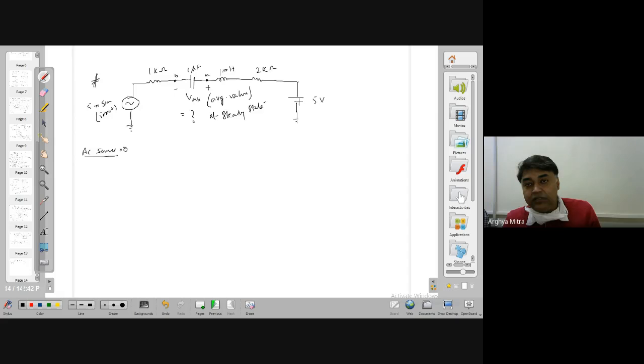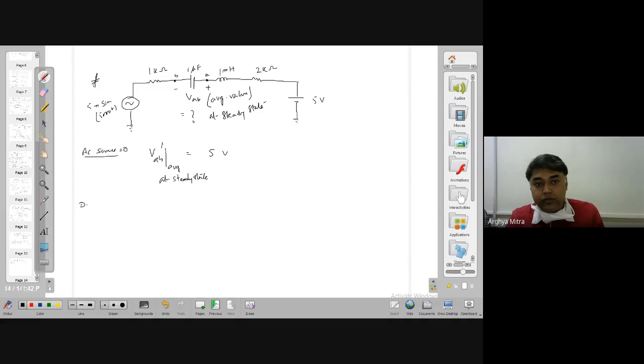All the voltage of this DC source will appear across this open circuit, because no current will be flowing through it. So there will be no drop in these resistances. All the voltage will appear across VAB. So my VAB average at steady state is equal to 5 volt.